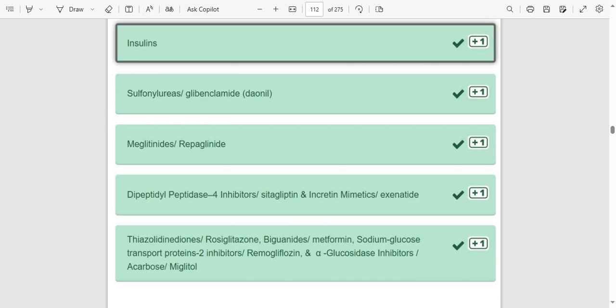DPP-4 inhibitors, what are they called? The incretins, thank you so much.